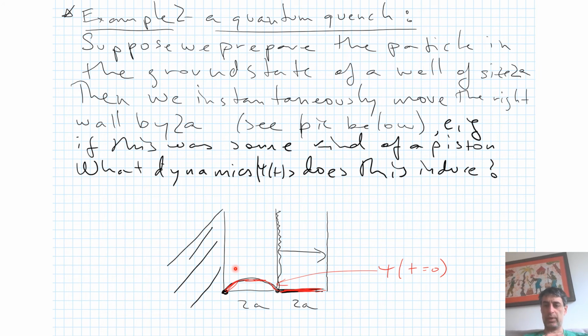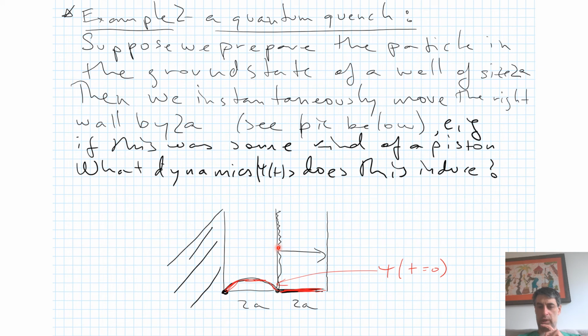For various historical reasons, if the problem started in the ground state, and if you change the Hamiltonian, that's called a quench, a quantum quench. I'll try to find good historical perspectives on why it's called a quantum quench, and I think it's just a name.